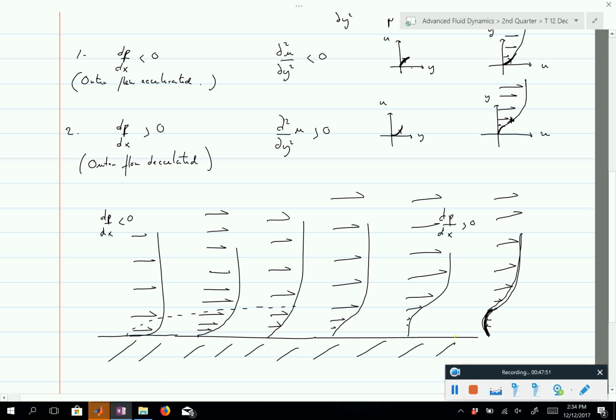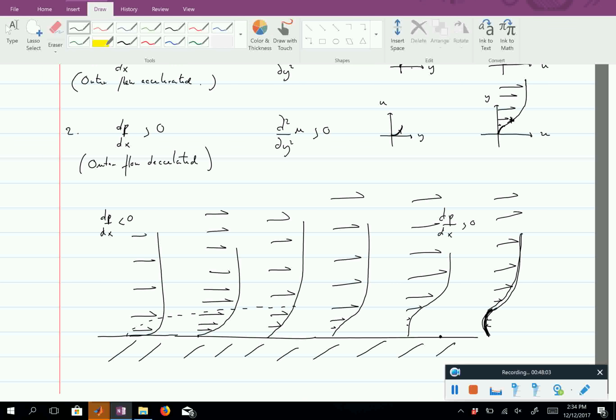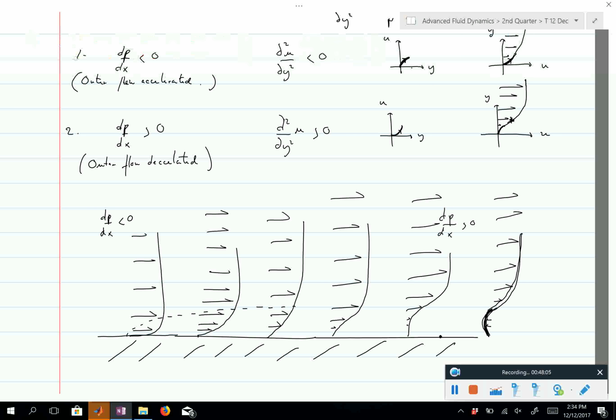So here, somewhere in there, when the velocity changes direction, you have a stagnation point, and your streamlines here will look like this. Here they will go in this direction, and you're going to have flow reversal and detachment here.